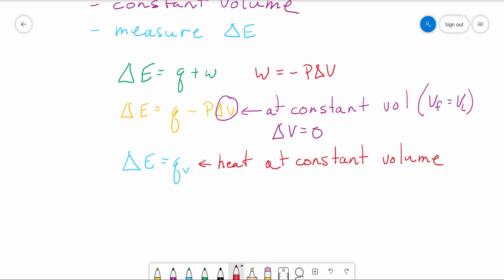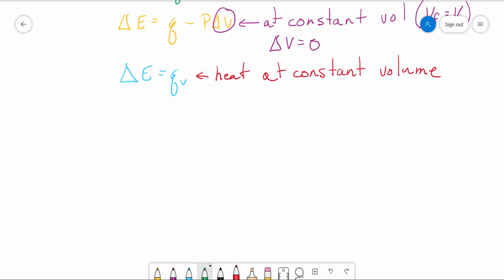Now, how do we measure that Q sub V? Well, we use another simple equation. Q calorimeter is equal to capital C calorimeter times delta T. Okay, and what do all those things mean? Q calorimeter is just heat flow in joules.